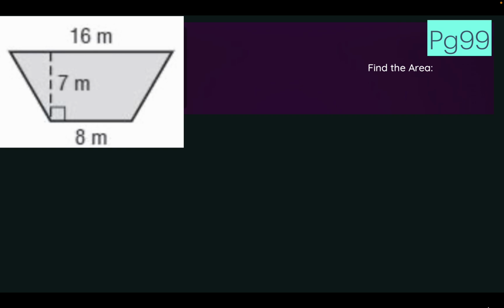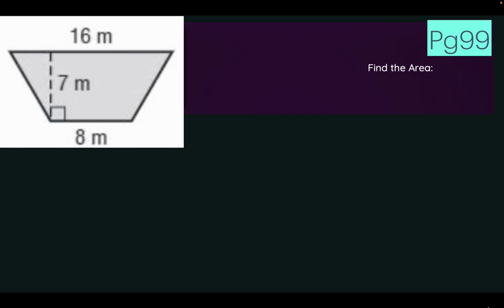Also, remember, you are responsible for memorizing that formula, and one day this week, you will be given a pop quiz on that formula, and it'll be 15 seconds and your time is up, so you need to memorize the formula. Pause the video. Draw the shape on page 99, write the formula, and then plug in your numbers and do the math.